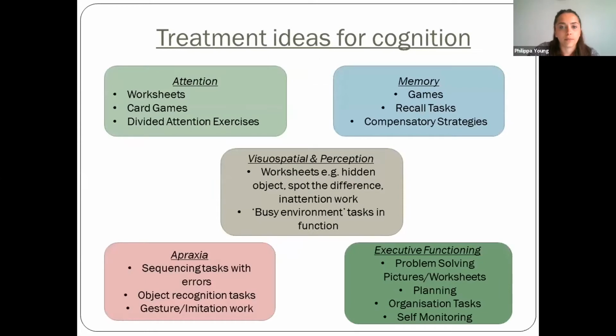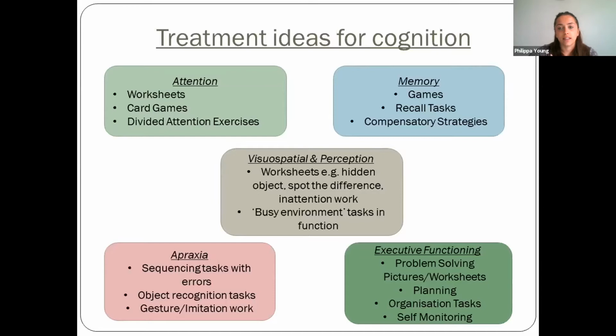So the next one is about treatment ideas for cognition. As discussed in a previous remote rehab webinar about cognitive assessment, the following areas can be treated with the same principles remotely. Just very briefly, attention could be done through worksheets sent via email prior to the session.